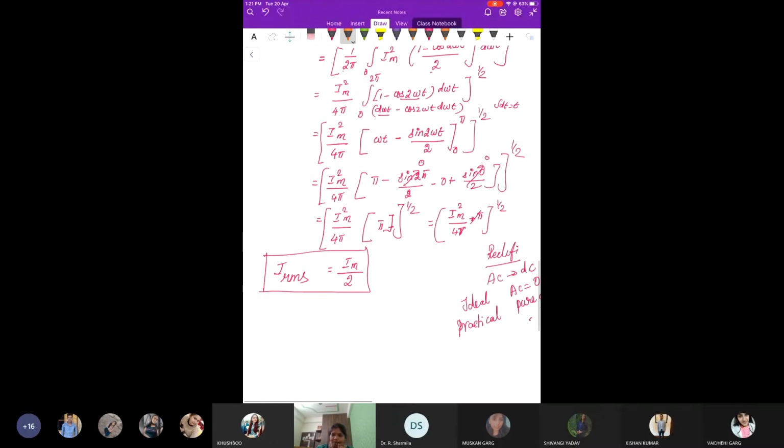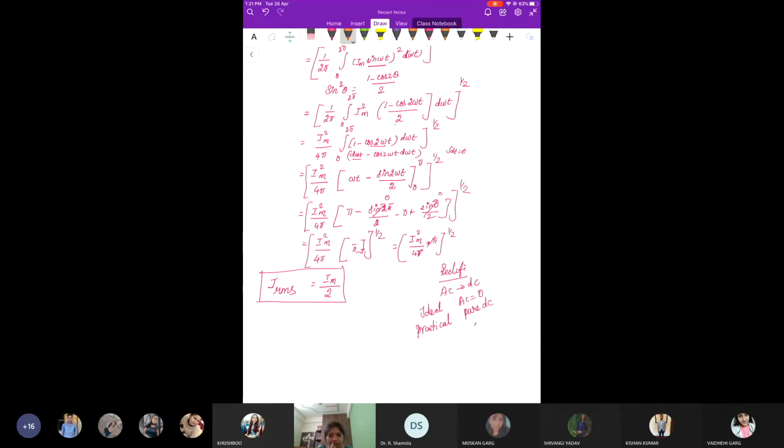Already I told you the rectifier means AC to DC, but in the ideal case we consider the AC value equal to 0, and we get only the DC component. But in the practical case you are not getting a pure DC, there will be some AC component added with it.